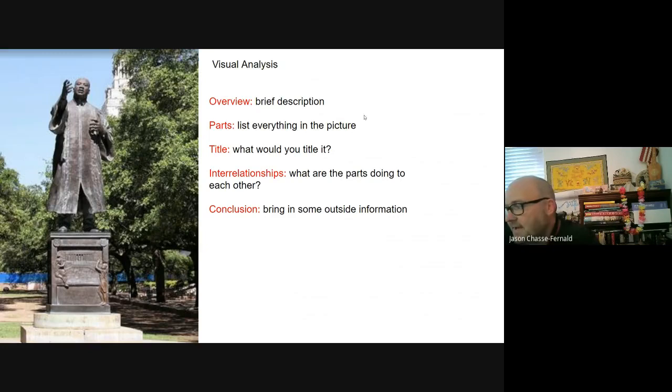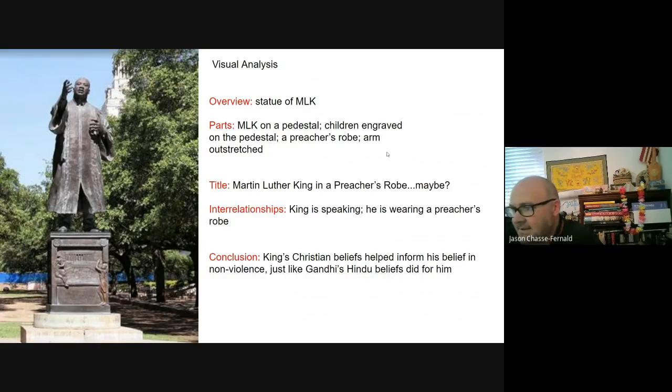All right, so now that you've gone through and answered these questions, let's go over some possible answers. Hopefully you were able to identify that this is a statue of Dr. Martin Luther King Jr. When I do this in class, students are pretty quick to identify that he's wearing a preacher's robe, his hands outstretched, looks like he's giving a sermon.